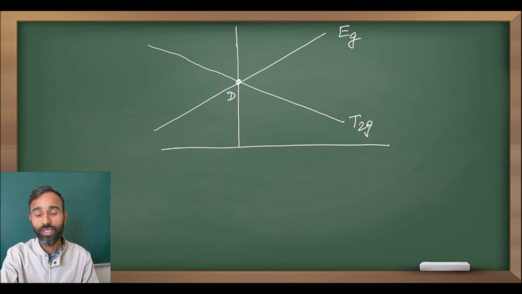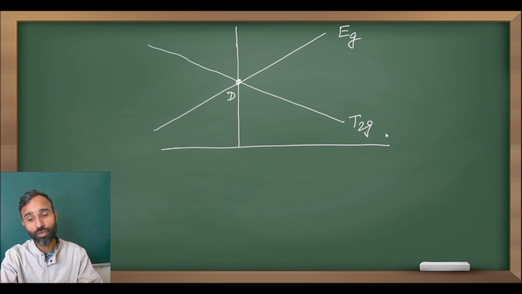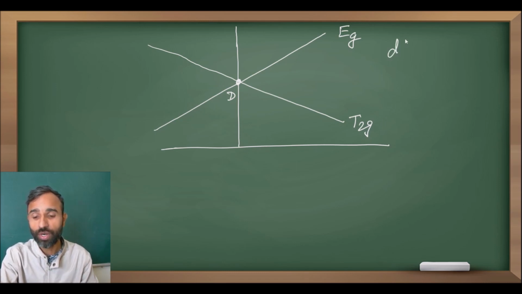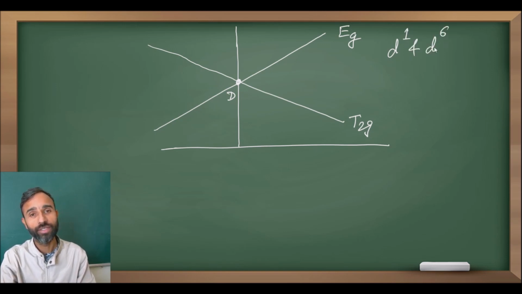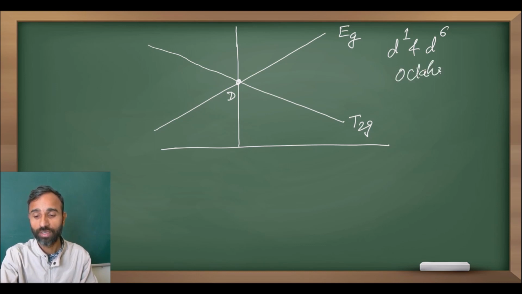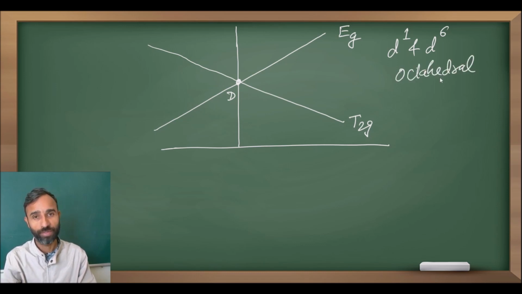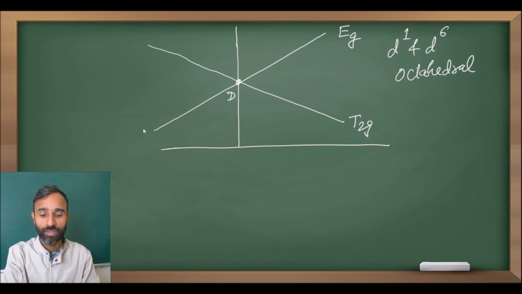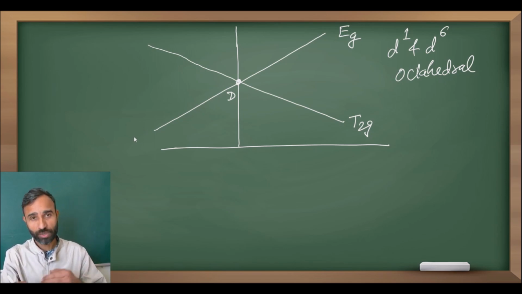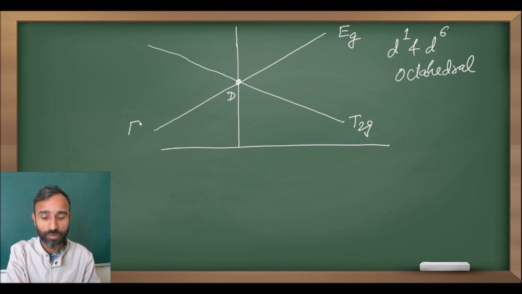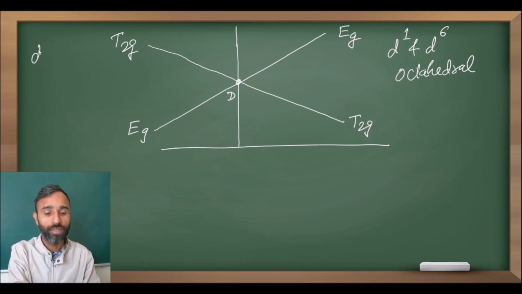Now T2G to EG, promotion of one electron from T2G to EG, is for D1 and D6 octahedral, right? And the transfer of hole from EG to T2G is for D4 and D9 octahedral.